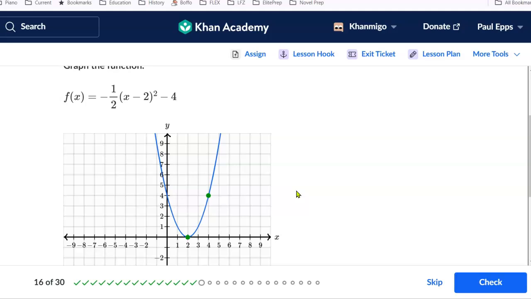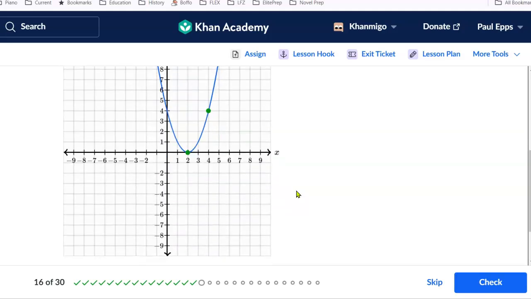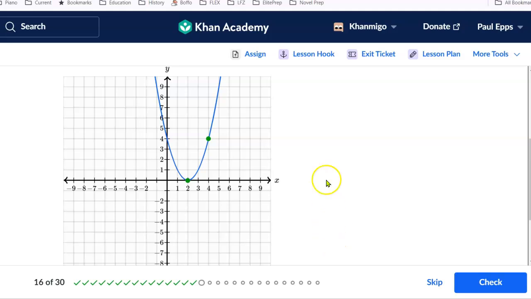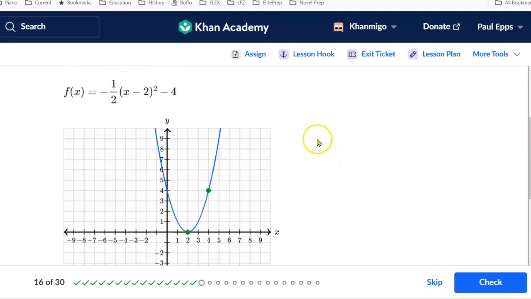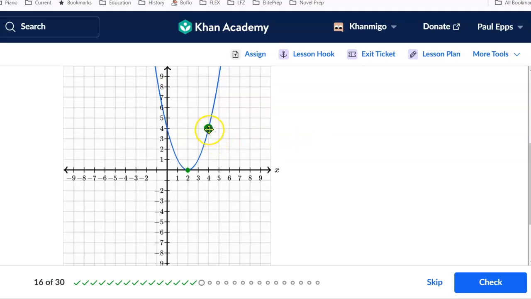Now, if we did negative 1/2, it is going to flip the parabola upside down. It's going to flip the parabola upside down, and it's going to stretch it by a factor of 2, meaning that not only would this flip from 4 to negative 4 down here, but it would stretch like that.